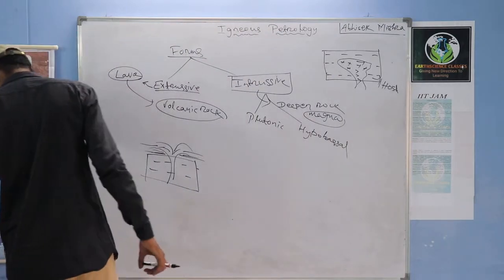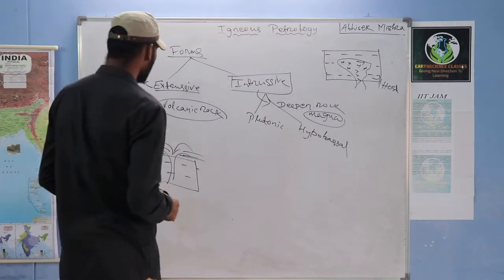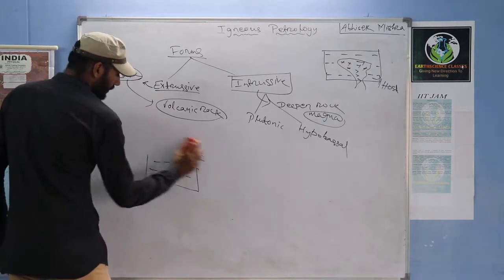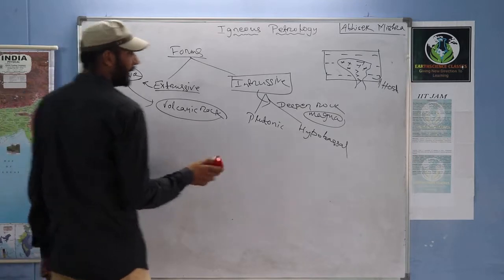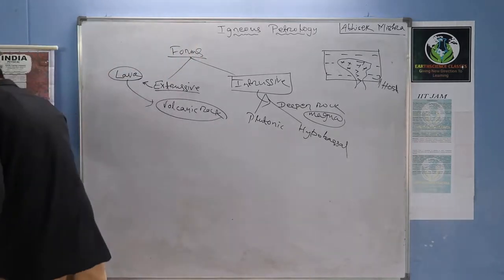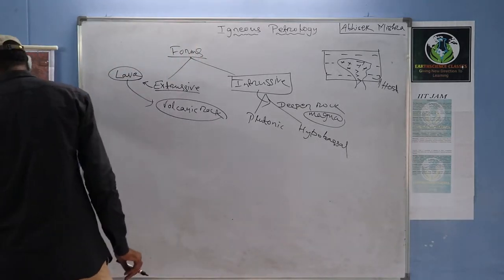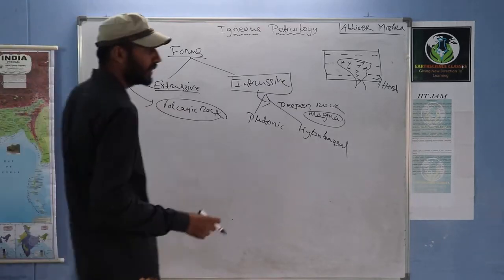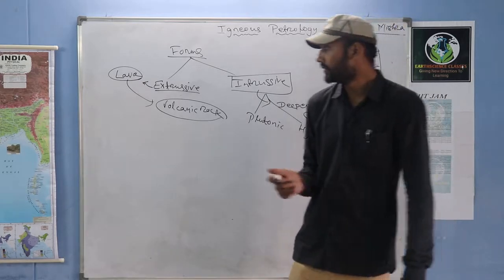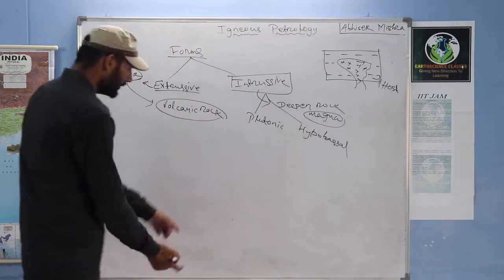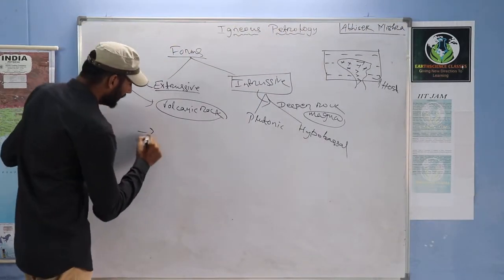Then we'll go for different forms of these extrusive and intrusive rocks. Generally, talking about different structures we find in extrusive rocks, first of all, as I have told, lava erupted and it will flow.